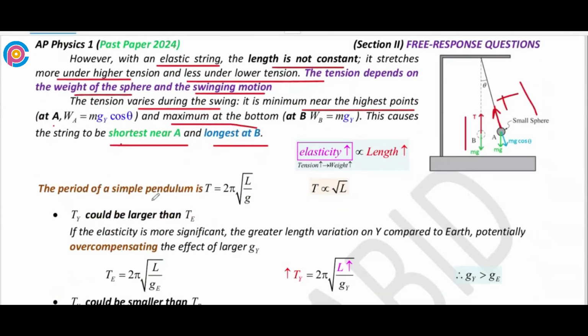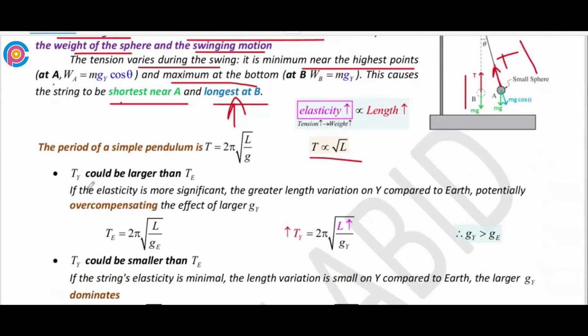Now the period of the pendulum is T equal to 2 pi square root of L over g. The time period increases with the length. When the length is greater, it means we are at point B, where it has the longest length. Now the question asks when Ty could be larger than Te. If the elasticity is more significant, with greater length variation on Y compared to the Earth, this could potentially overcompensate the effect of the larger g.